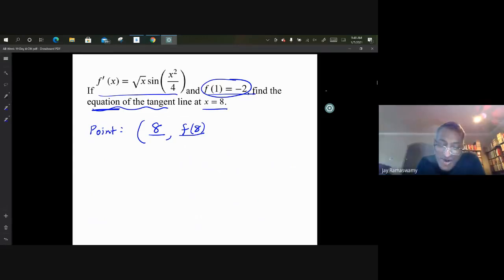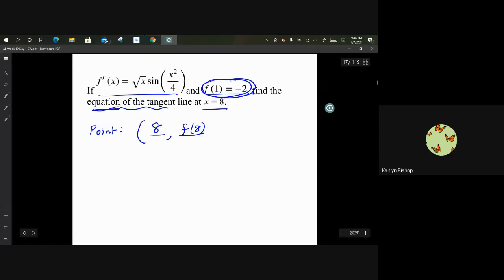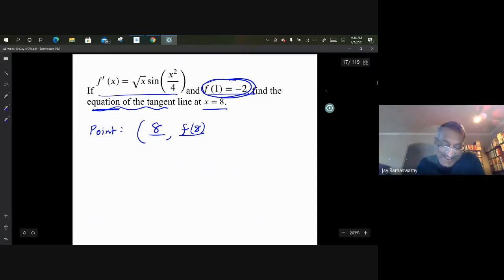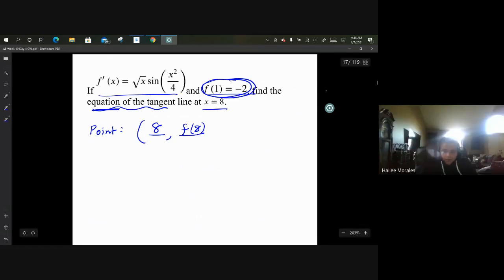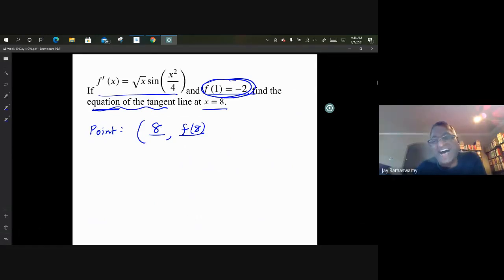Oh, I know f of 1. I need f of 8. So are we using the net change corollary? Again, we know f of 1, and I know f dash. I need f of 8. Make the connection, please.